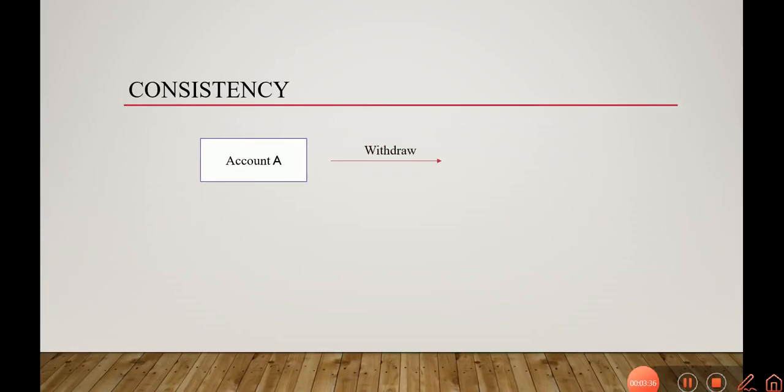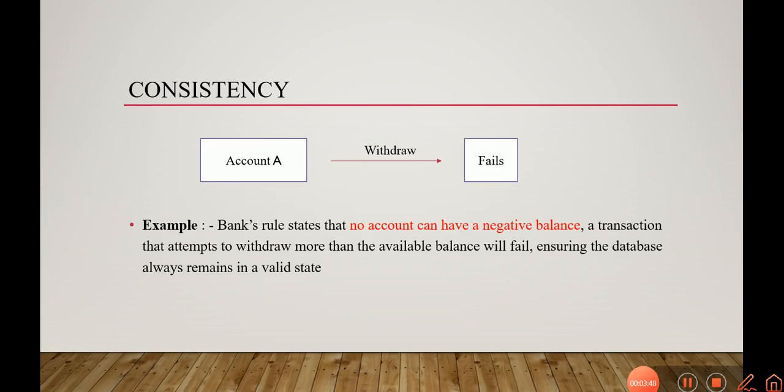Moving forward, C is for consistency. Again, one example. If you are withdrawing some amount from a particular bank and the withdrawal fails. There is a common bank rule that states no account can have a negative balance, or there is a withdrawal limit also.